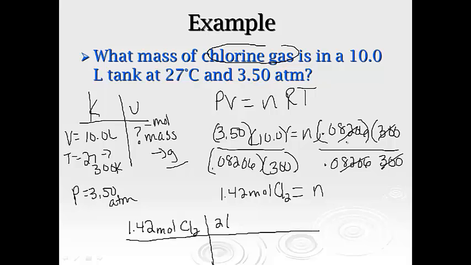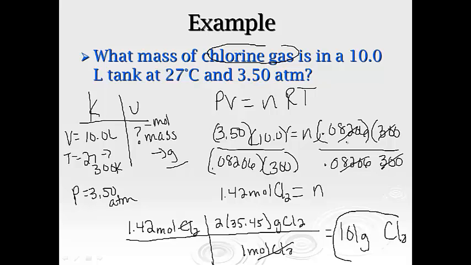We need 2 of them. Most of the time we'll do this ahead of time, but you've got grams of chlorine per 1 mole of chlorine. Then we multiply that out with 3 significant figures. With rounding, we get 101 grams of chlorine.